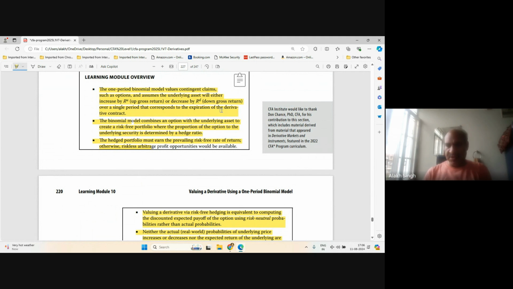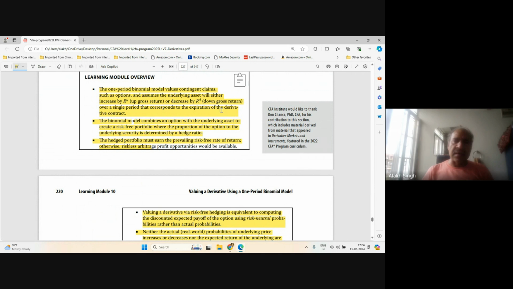And F0T is equal to S0 times (1 plus R) to the power T. That was the valuation of the forward price depending upon the period T. But here we don't have that simple, and the reason being that these are contingent claims.